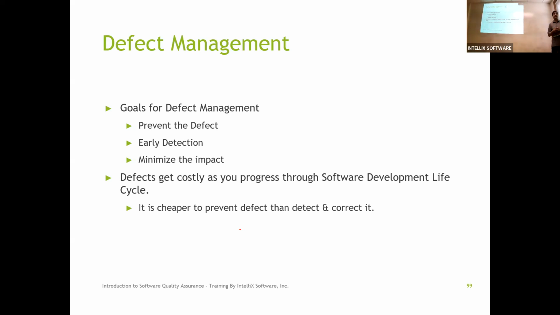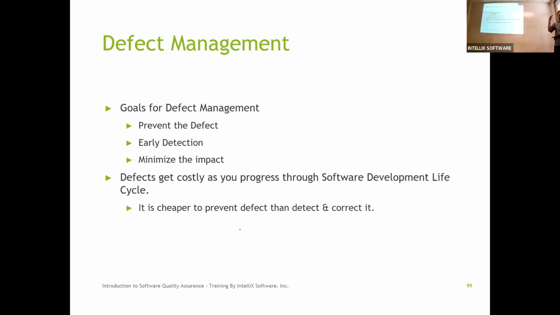When it seeps in, your goal is to find it as early as possible. And if you're not able to find it early, or whenever you find it, you need to focus on how you can minimize its impact. That's the whole defect management mindset. Prevent whenever possible.